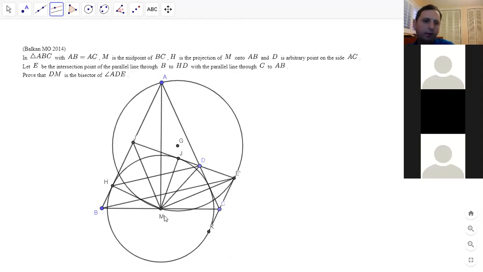Actually, is IM an angle bisector here? Oh yeah, IM has to be an angle bisector because M is a center. So if we let AD be constant, then could we compute AI and ID?